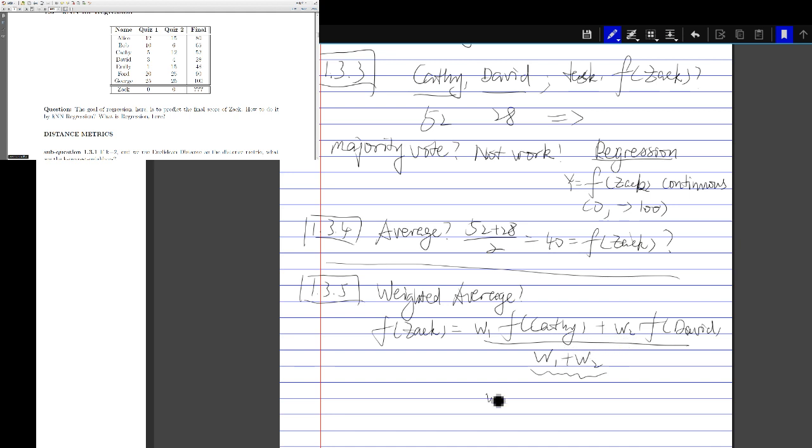Of course, we would prefer that all these weights are non-negative. Okay. So what could be a potential candidate for weight? Well, just by intuition, since we were using distance in our choice of nearest neighbor, in our search for Kathy and David, maybe we can use the inverse distance as our weighting parameter.